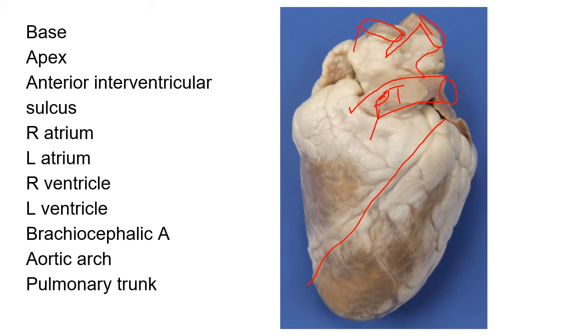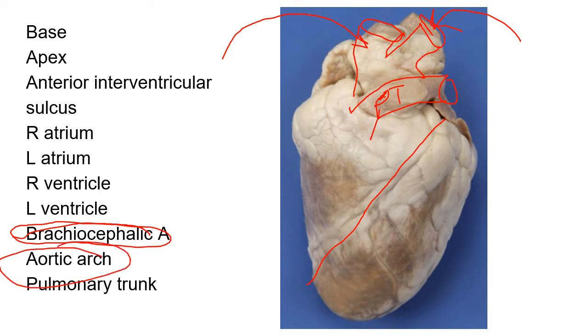If I were to chop all that fat away, that's kind of what I would see back here. This first blood vessel, if I put a pointer in it, would be pointing toward the ceiling. That is the brachiocephalic artery. This blood vessel next to it on the diagonal, that's the aortic arch.